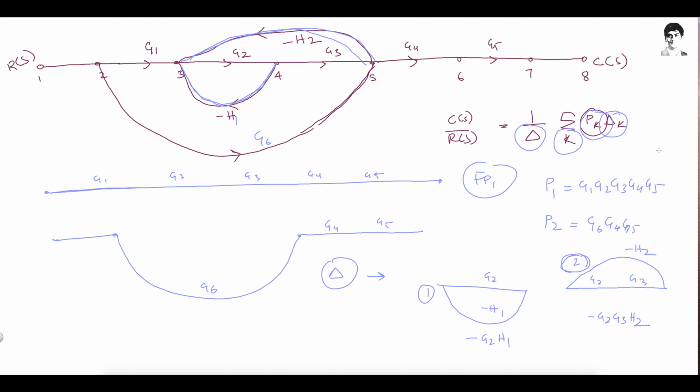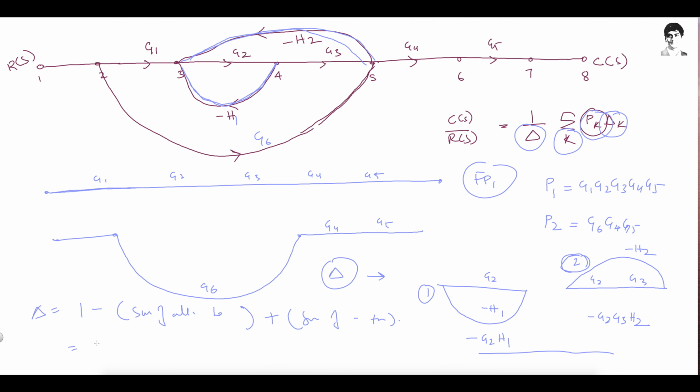So to put in our formula, what is delta? Delta is 1 minus sum of all individual loop gains. We found that there are two. Plus sum of products of pairs of all combinations of two non-touching loops. Here there are no combinations of non-touching loops, right?